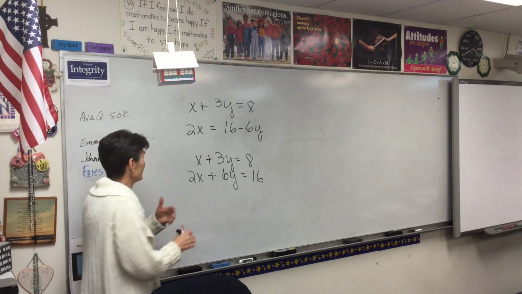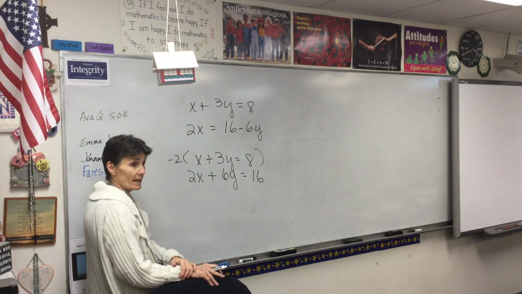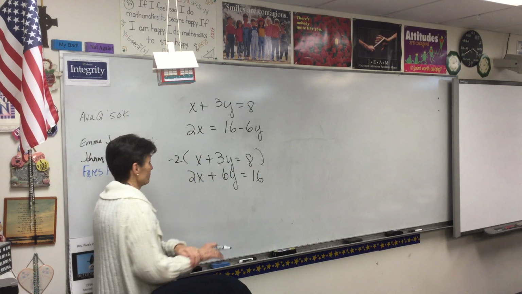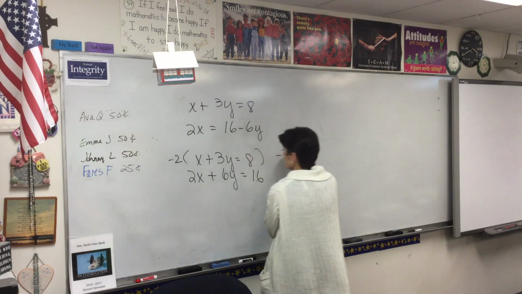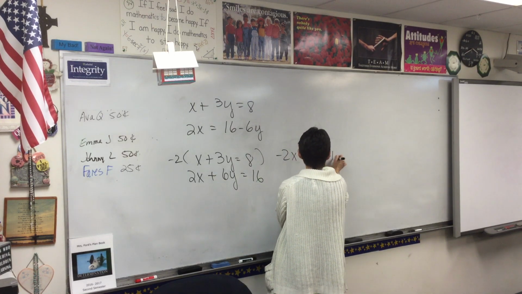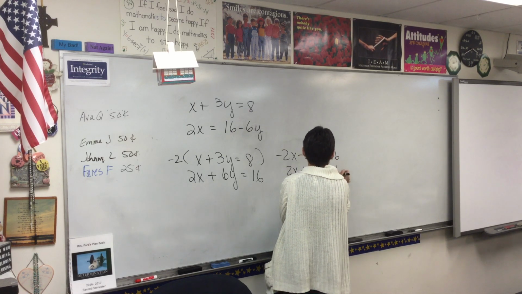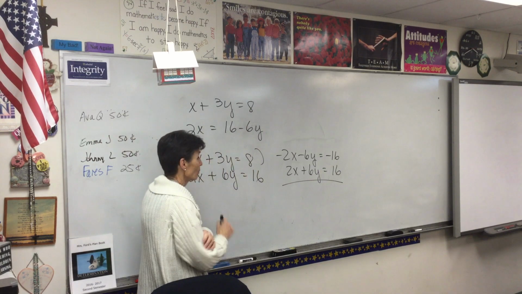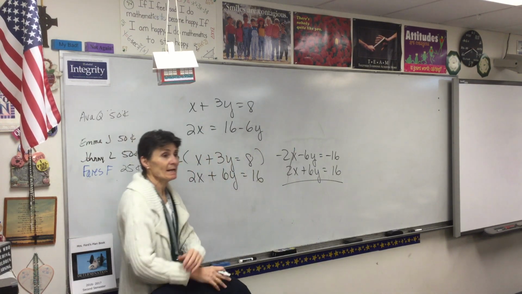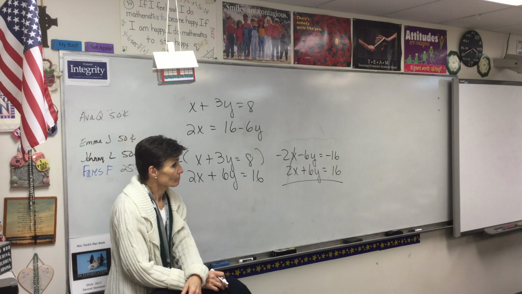So we probably will multiply the top row by -2. So -2x, -6y, -16. When we add, we're eliminating those x's. Right?